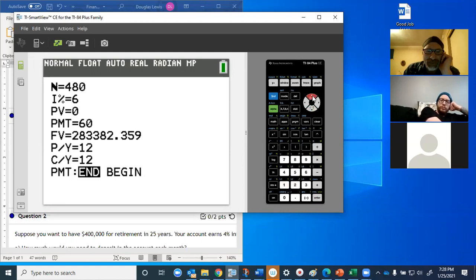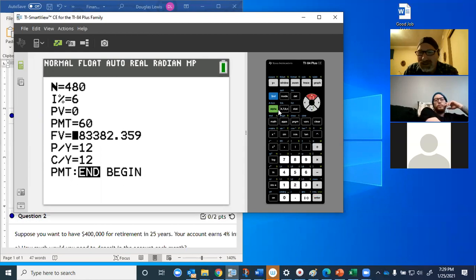Now look what would happen with just $60 a month right now, which a lot of people, we typically call that money that you can probably do without. I forgot the name.